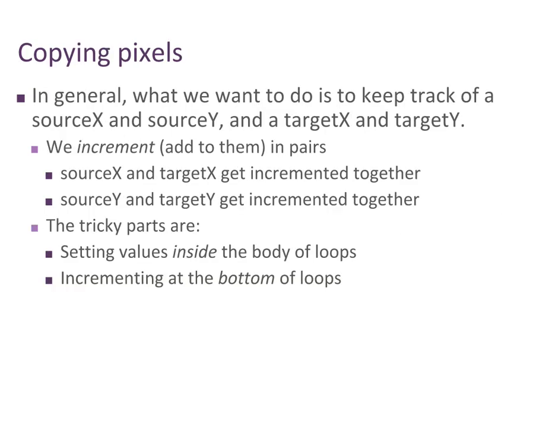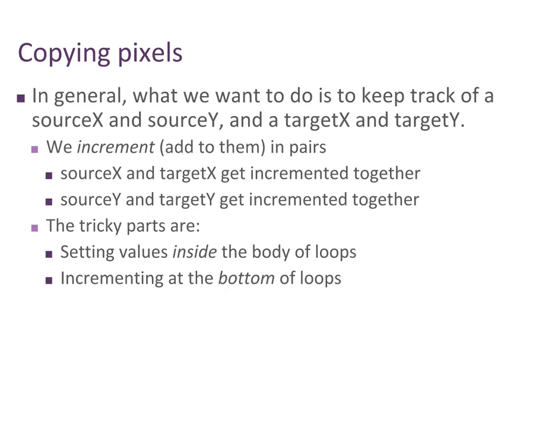Basically, when we're copying pixels, we need to loop over all of the pixels in our source and loop over the positions that we want to copy to in our target. The tricky part is keeping track of those XY coordinates. For the source X and source Y we're just going to use a nested loop, much like we did with mirroring, or the negative function that we rewrote.